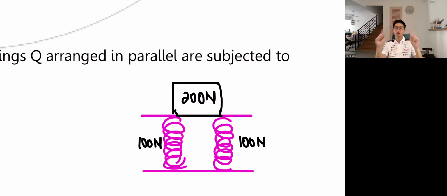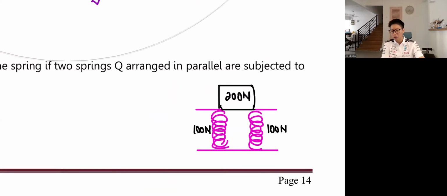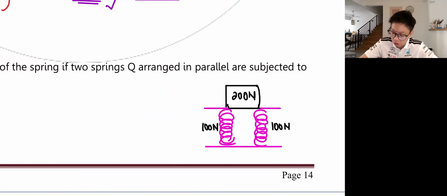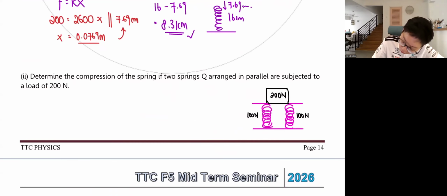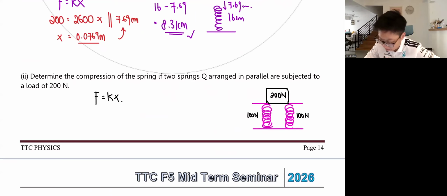So 200, if you have two springs, it will share 100 and 100. So technically they will share the load of each side to be equal to 100 Newton. Okay, so now we have F equals Kx. Can you just calculate for me? What is your final answer?